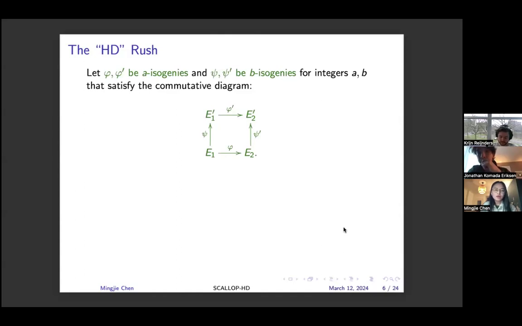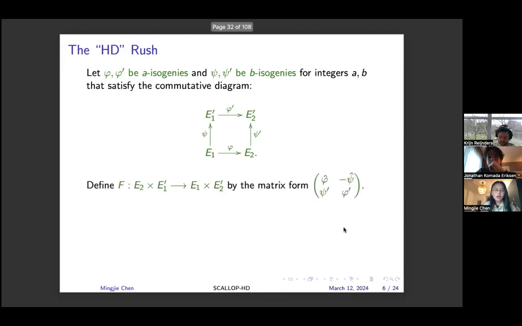Let phi prime be A-isogenies and psi prime be B-isogenies for integers A, B that satisfy the commutative diagram. Let us define F from E2 times E1 prime to E1 times E2 prime by this matrix form. Then F is a D-isogeny between abelian surfaces with D equal to A plus B.